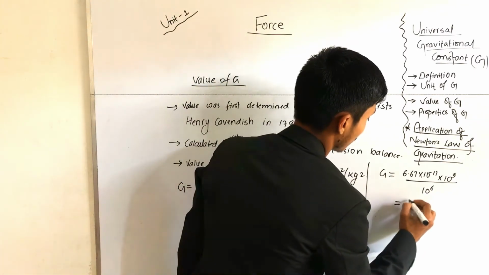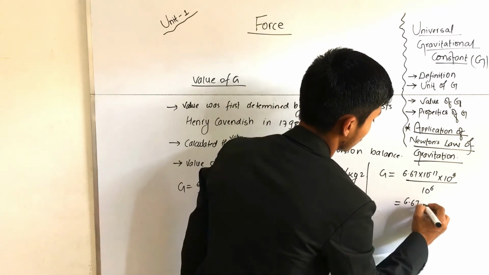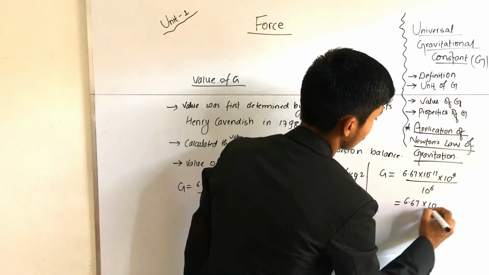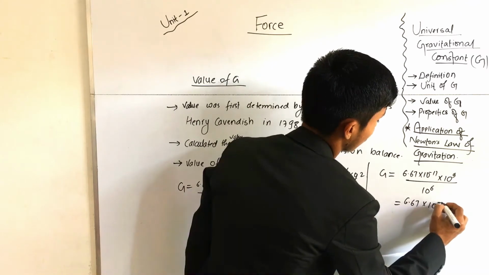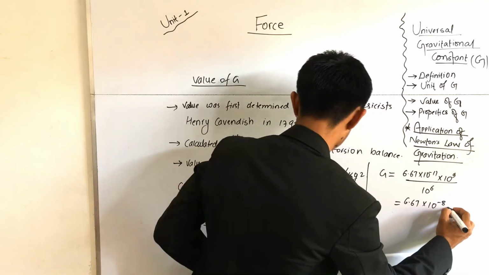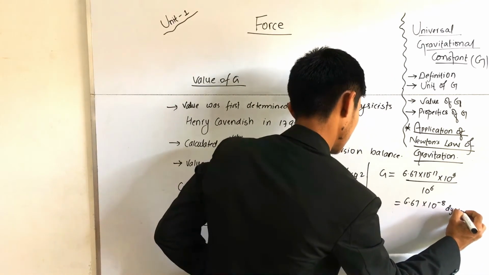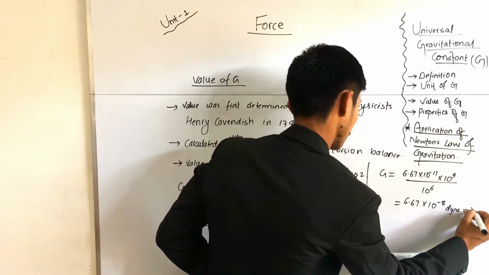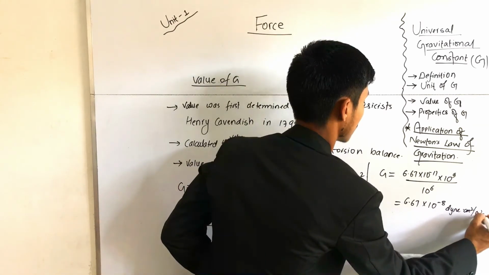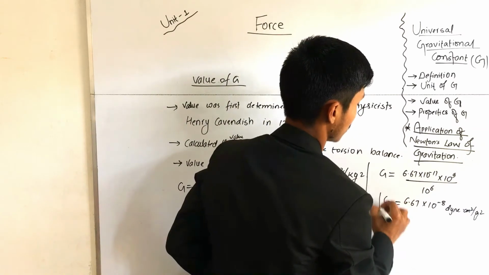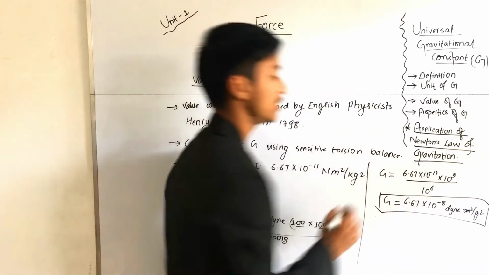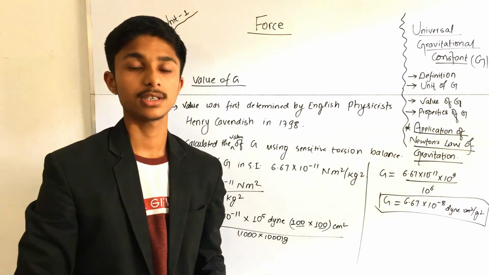Now we simplify this: 6.67 into 10 to the power minus 8 dyne cm square per gram square. This is the value of capital G in CGS system.